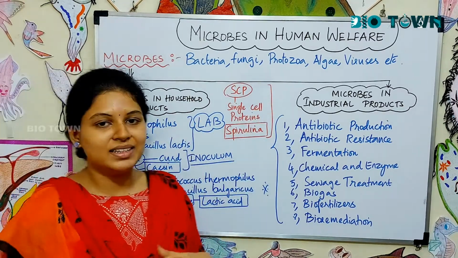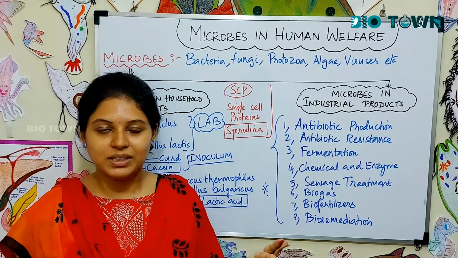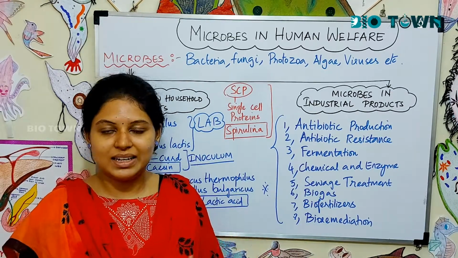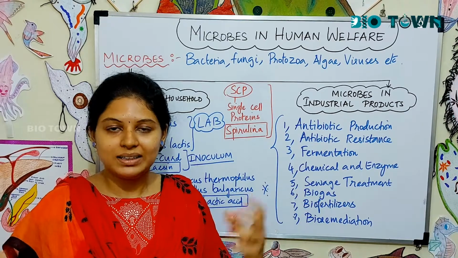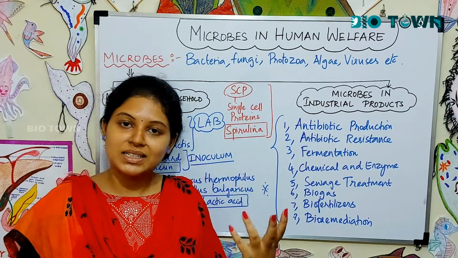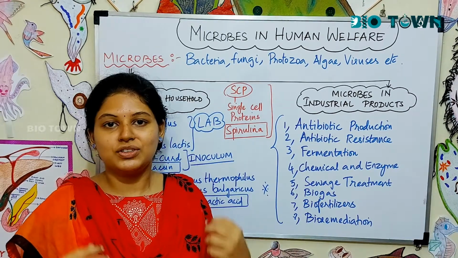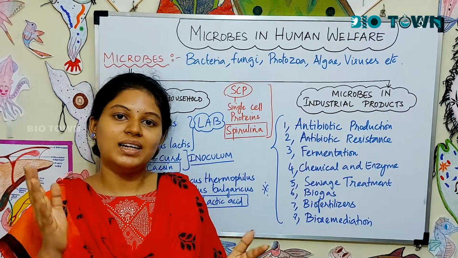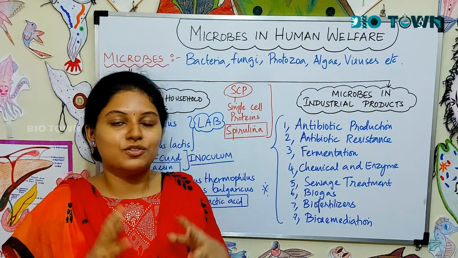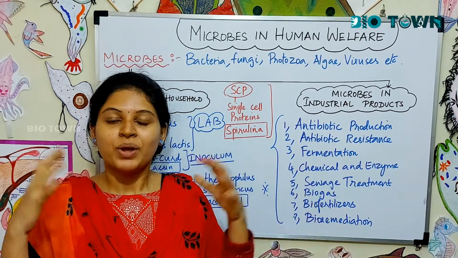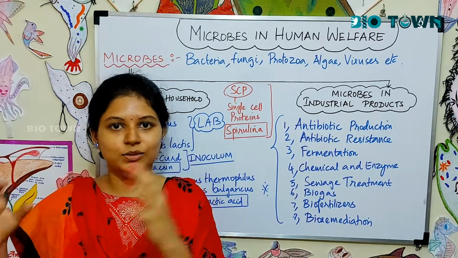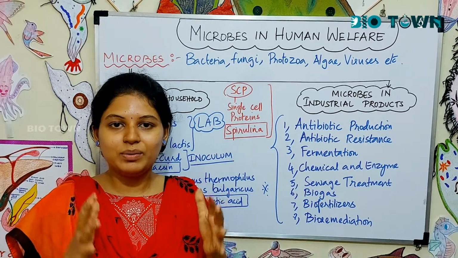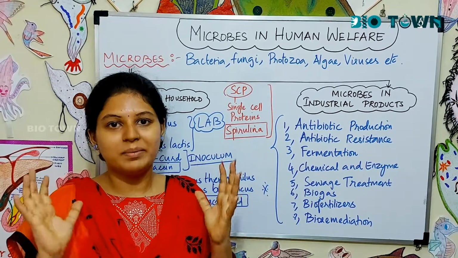The other is industrial products, like commercial products, in the beer industry, wine industry, or the medical industry, where they manufacture various enzymes, vaccines and so on. So one category is based on personal, household use, and the other is commercial. First we will talk about the household microbes.